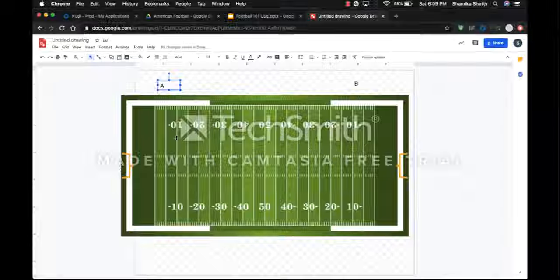Reason being, the first 50 yards are away from their end zone where they are supposed to score a goal, that is this side. This is team A's offensive end zone.